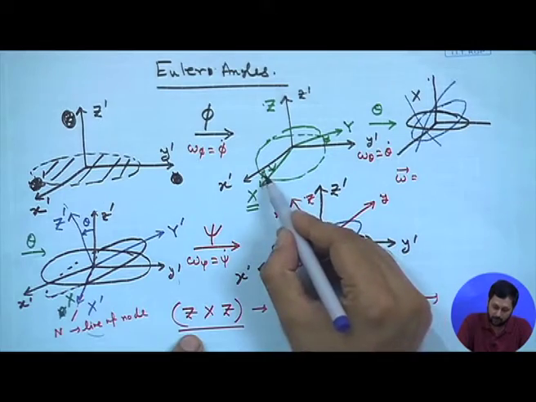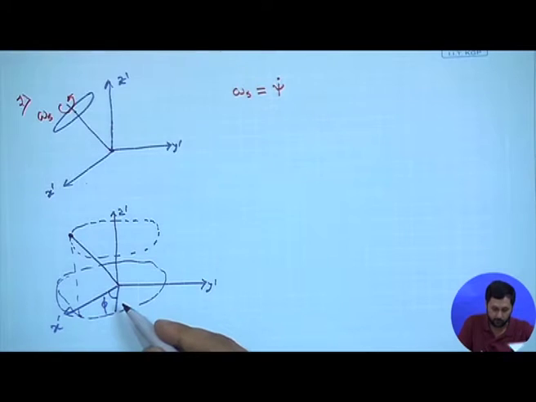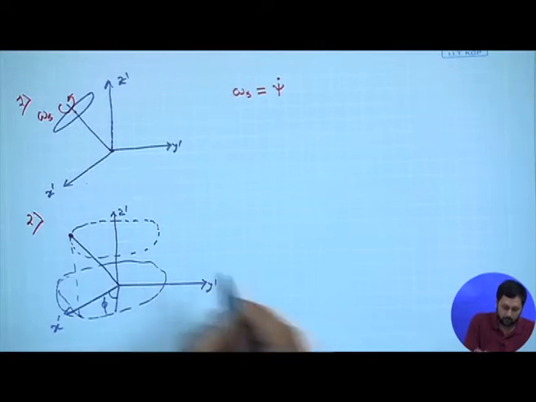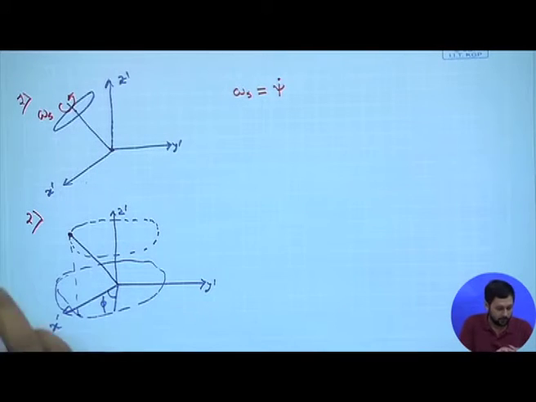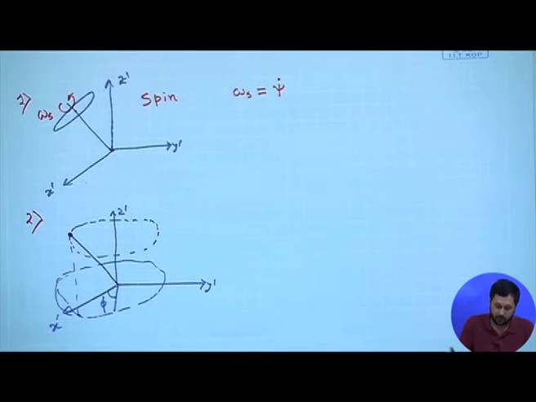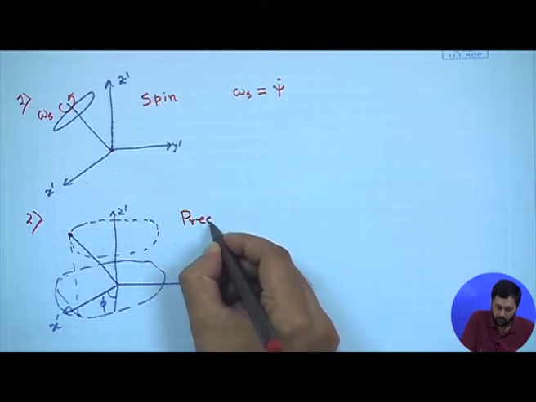So, this angle phi is very well describing this particular type of motion. So, we see that the second of the motions, let us give the name, the first was the spin motion, and this motion is called the precession.